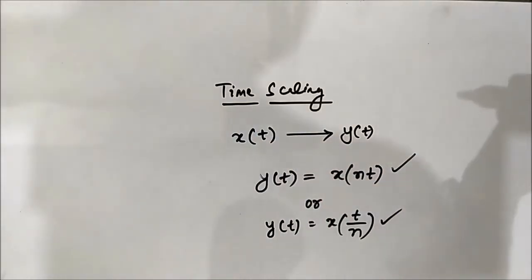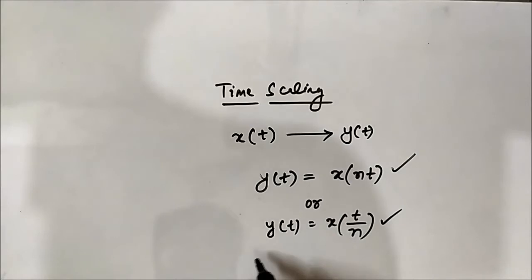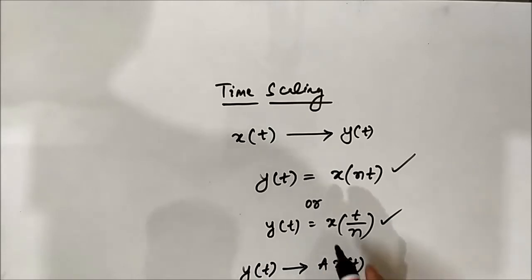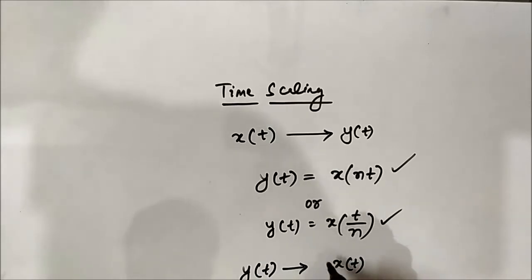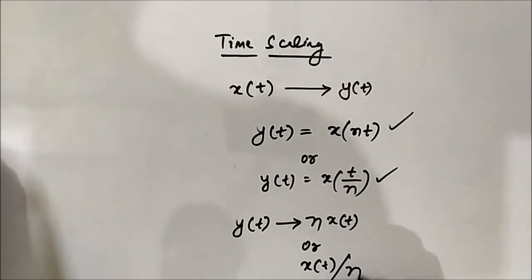Time scaling is very much similar to amplitude scaling. In amplitude scaling, the scaling was done to the amplitude, that is, we created a signal like this, a x(t), where the amplitude was multiplied with a value, let's say n x(t), or it was done like x(t) by n.